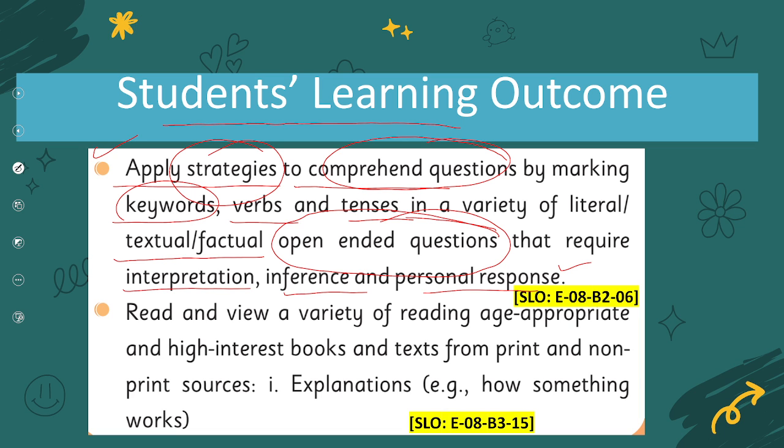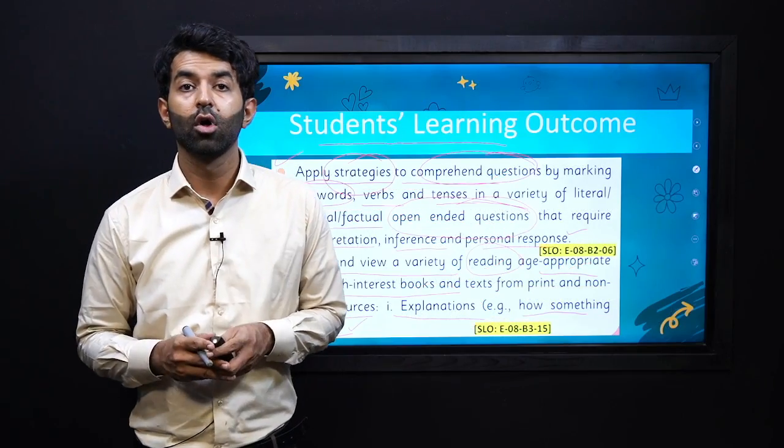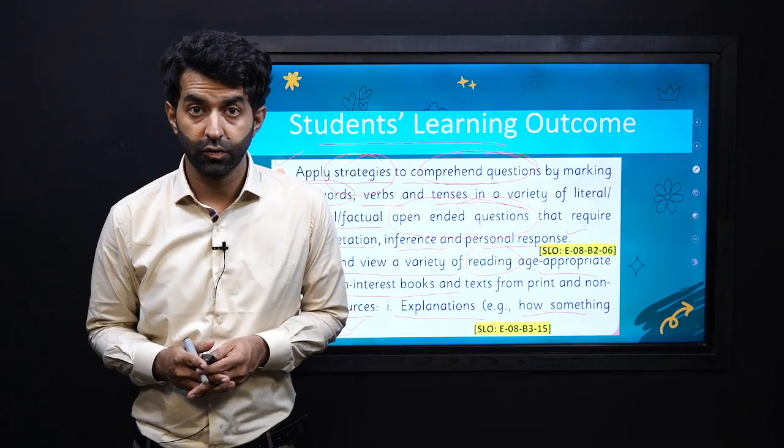The second learning outcome is about reading and viewing a variety of age-appropriate and high-interest books and texts from print and non-print sources, and we are going to see how something works.